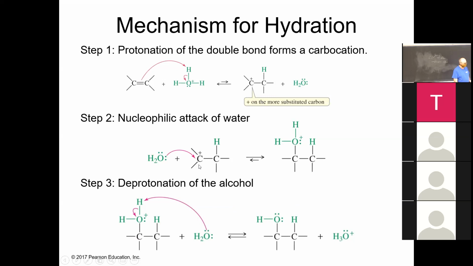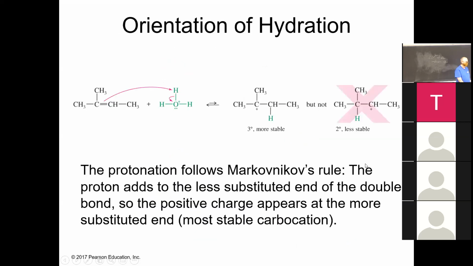The second step is water attacks, and the third step is deprotonation to form an alcohol. That also regenerates the hydronium ion. Just like with addition of hydrogen halides, this forms a more stable carbocation and follows Markovnikov's rule.